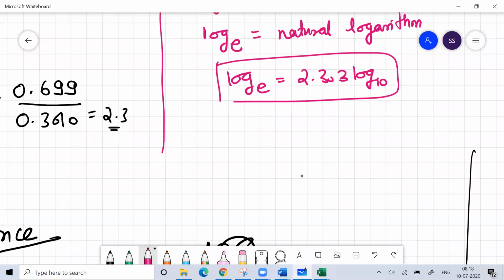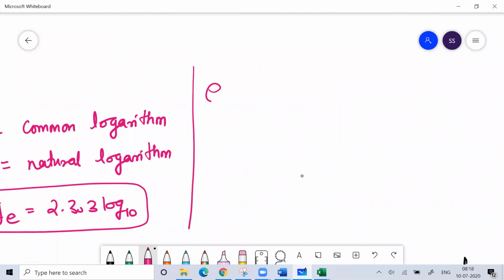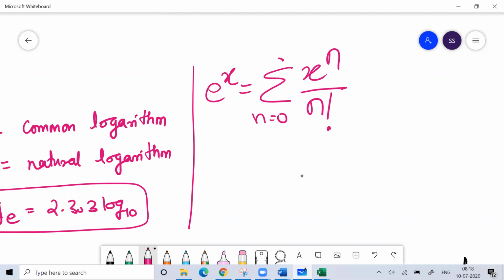One more thing you can remember in terms of e: e to the power x means the exponential function. That is nothing but the sum of x to the power n by n factorial, where n goes from 0 to infinity.